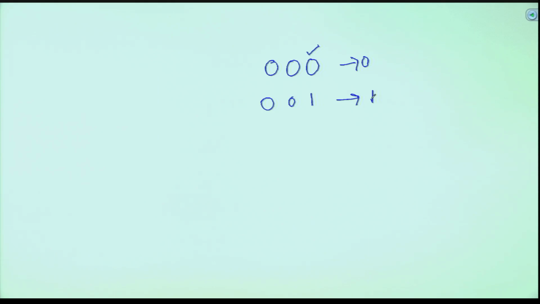That means, to get 2 here, you flip this rightmost bit, but when flipping, 1 is becoming 0. Whenever 1 is becoming 0, go to the next bit and flip it. What is the next bit? 0 is the next bit, so I will flip it. What I will get? 1. Because I am flipping from 0 to 1, I can stop here. So 2 is represented like this.